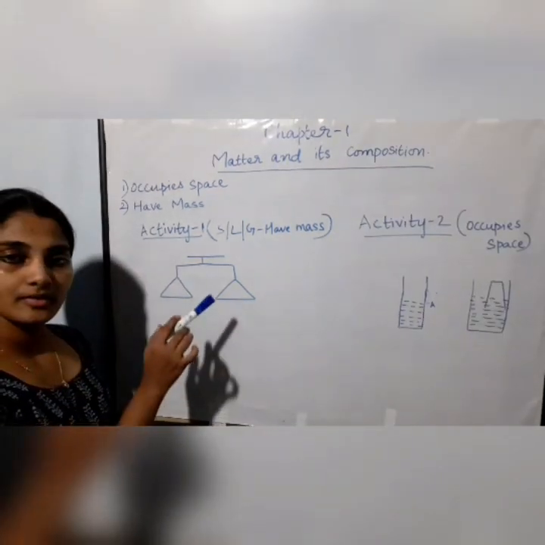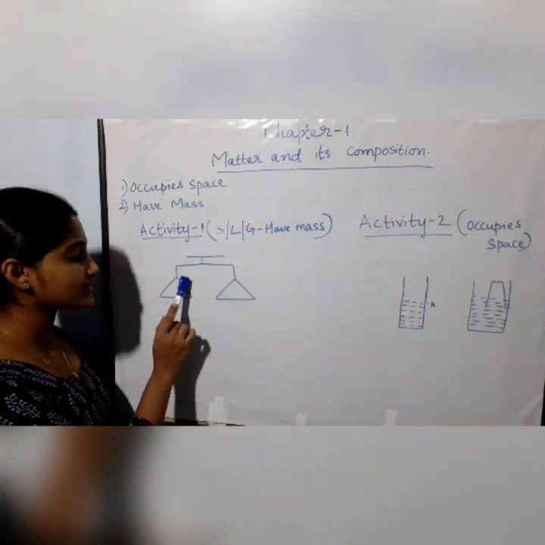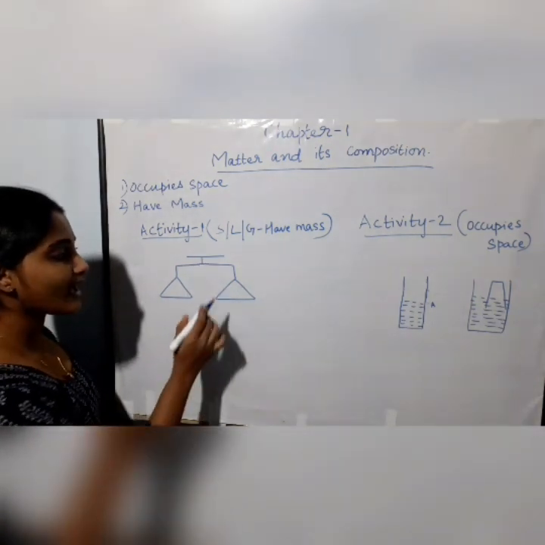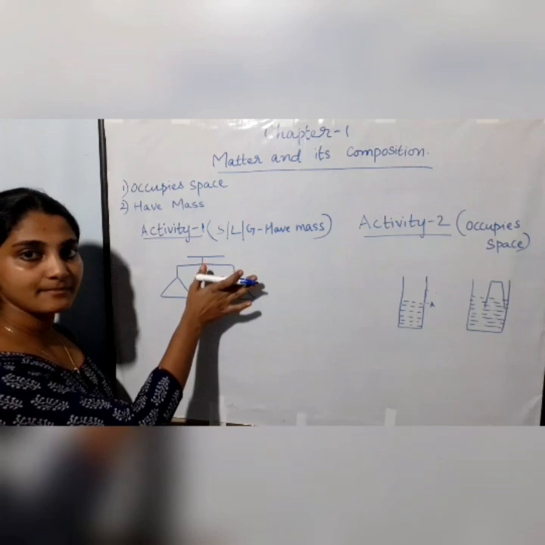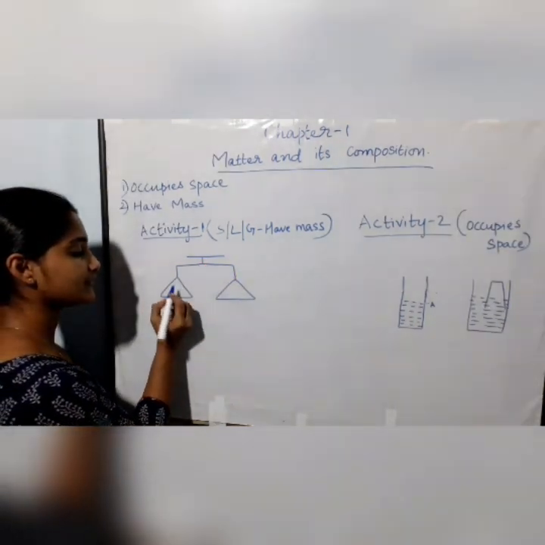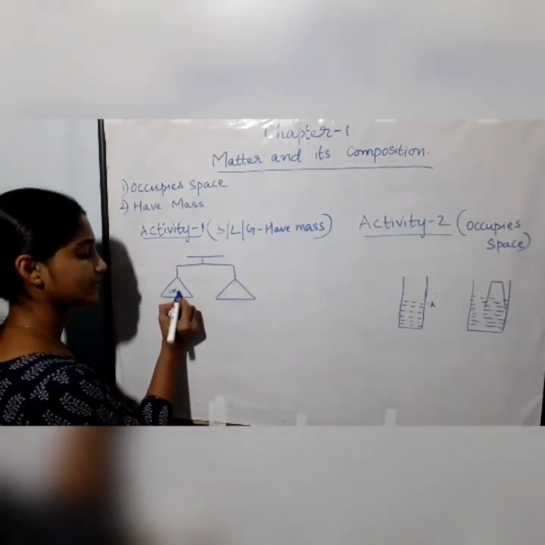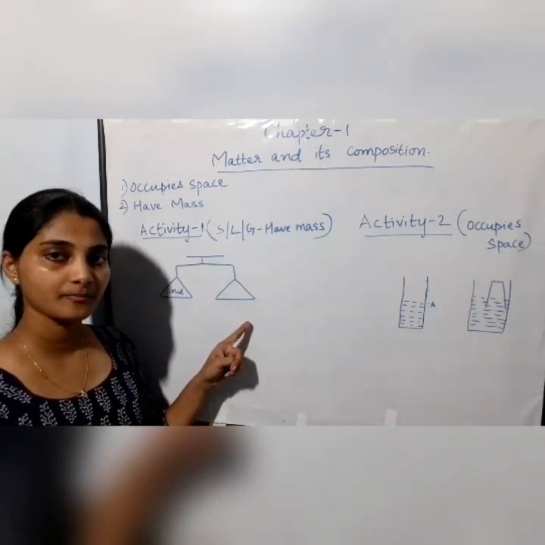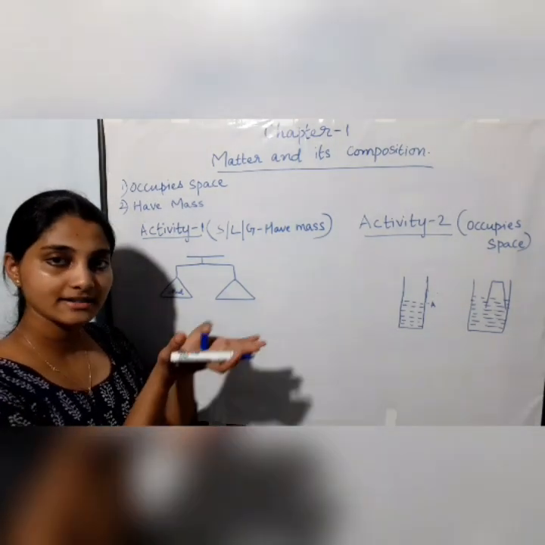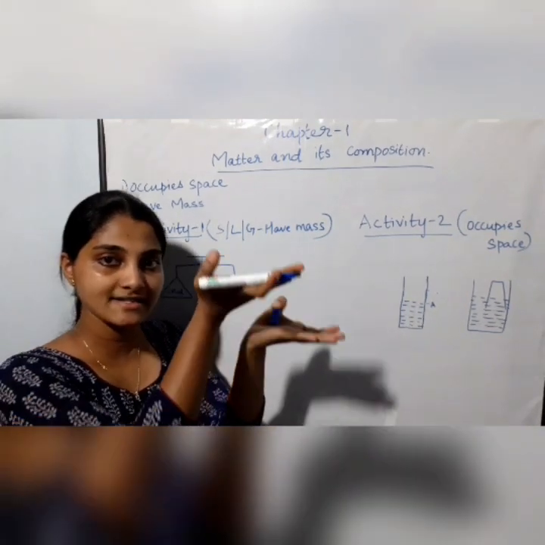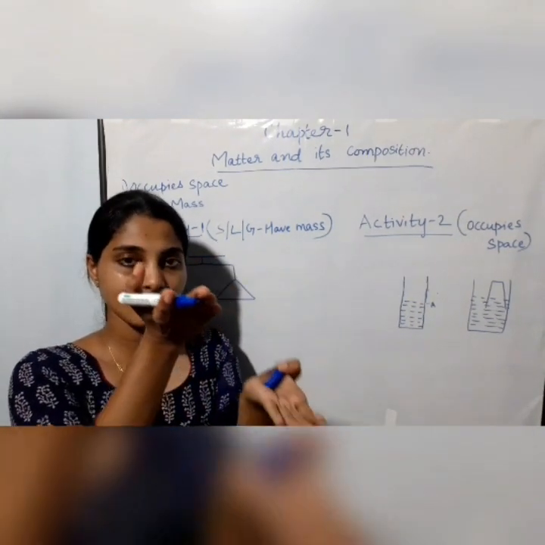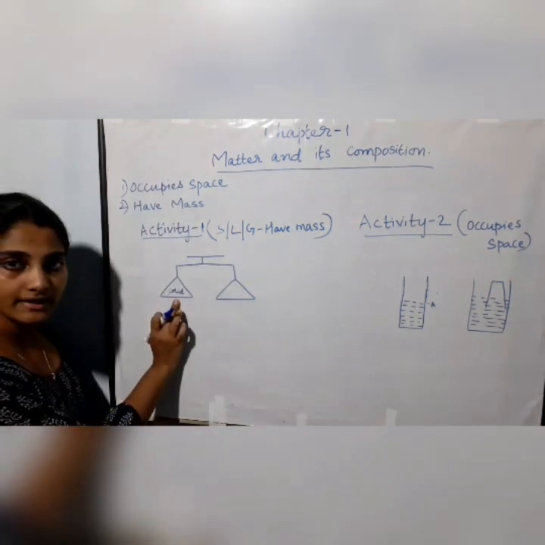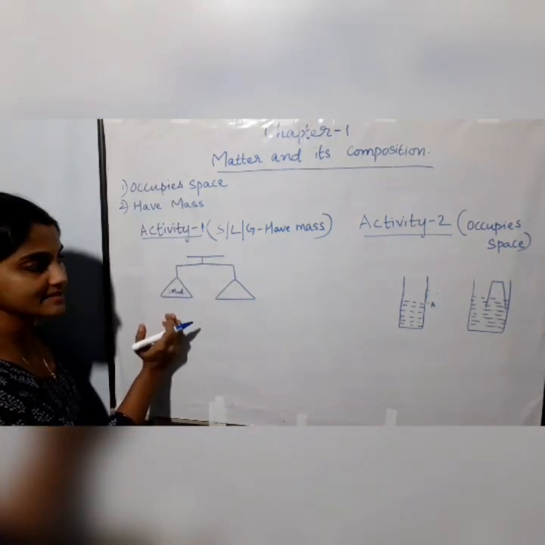Let us take a weighing machine or a weighing scale that is equally balanced. To one side of it you add a solid. Now what do you observe? The weighing machine that was balanced is tilted to the side where the solid is present.